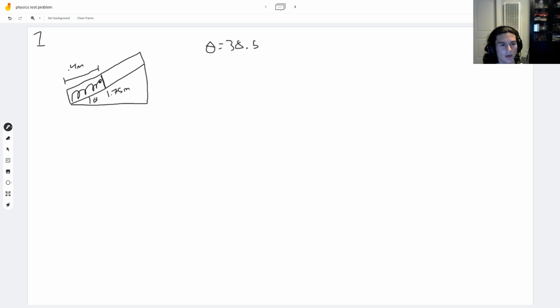Then it said a mass that was, I'm just going to say 0.5 kilograms for simplicity. And the spring had a static spring constant of 5640, I think, newtons per meter.